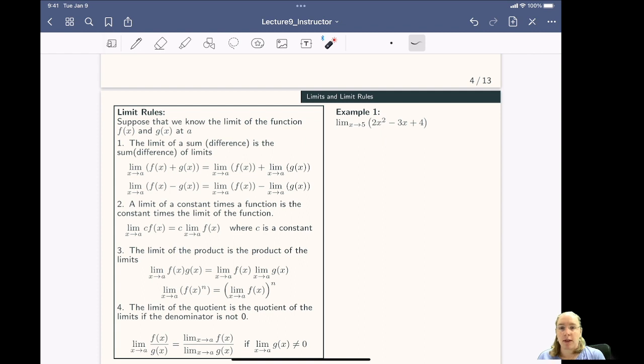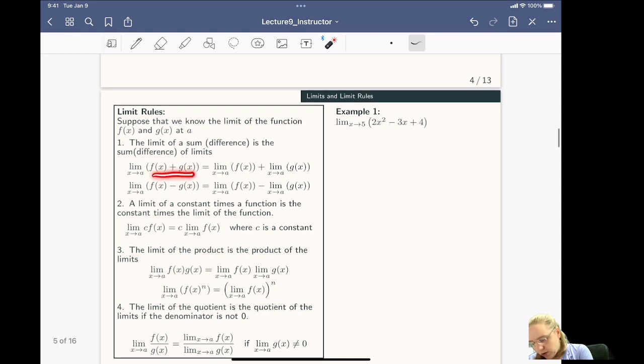The first of these limit rules is that the limit of the sum is the sum of the limits. So if we have the limit of two functions that are added together, we can take the limit of each of those functions separately. Similarly, if we have the limit of a difference, it's the difference of the limits. So you can split up limits on plus signs and minus signs.